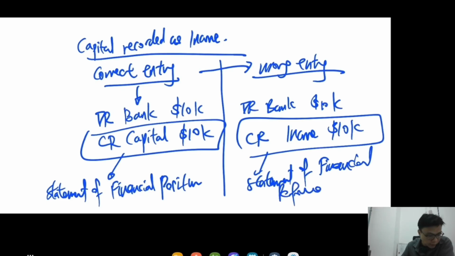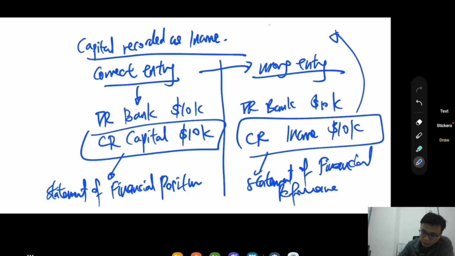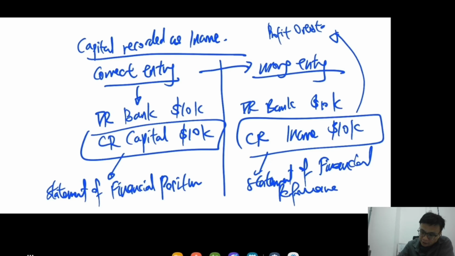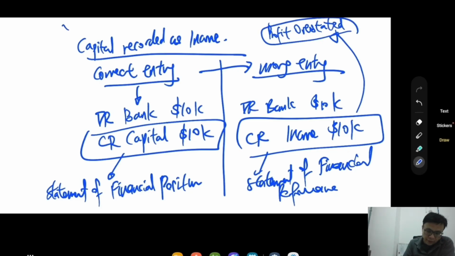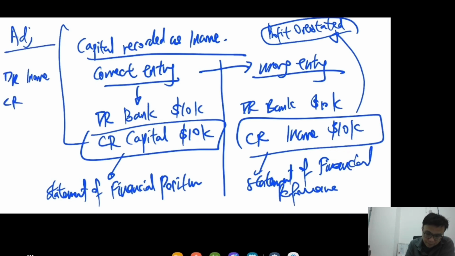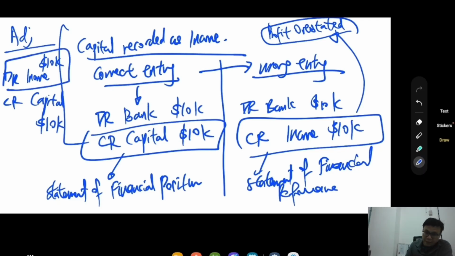Therefore, when you did this, you will realize that your profit is overstated. And because of that, your adjustment will be debit income and credit capital. So over here, we have to debit income 10K.